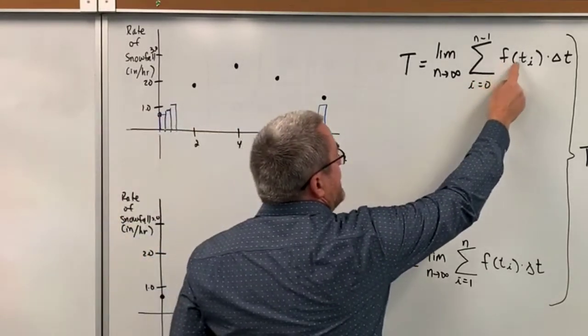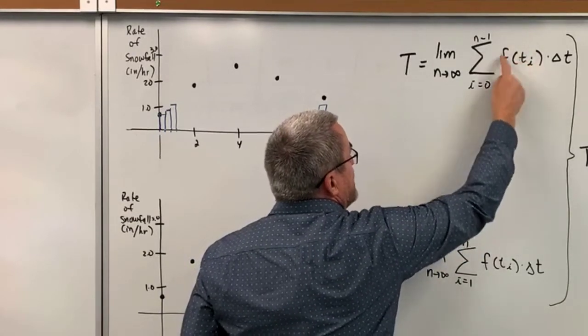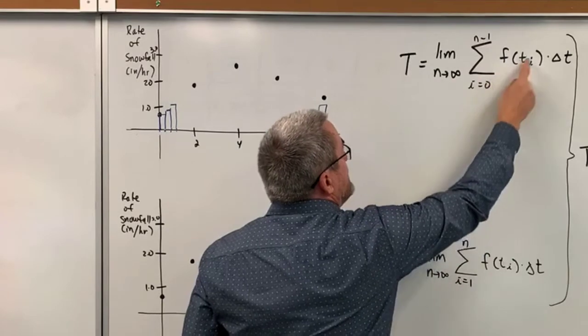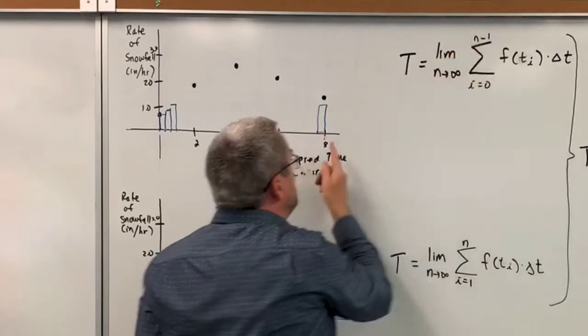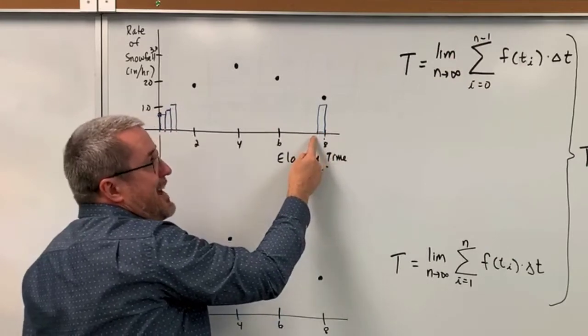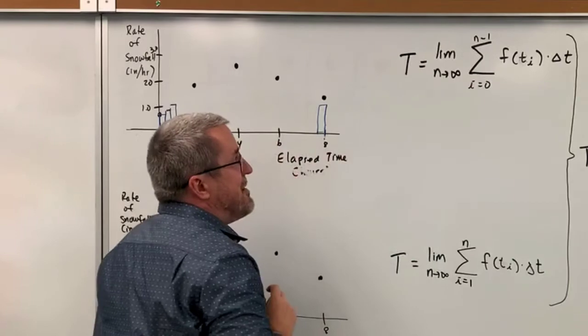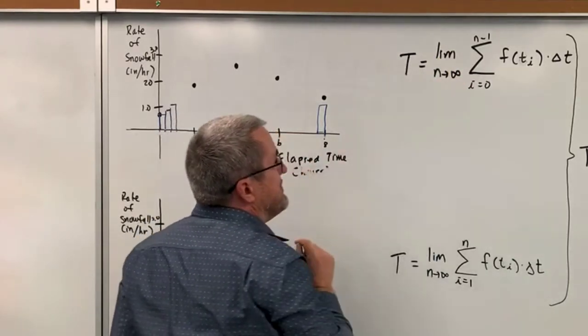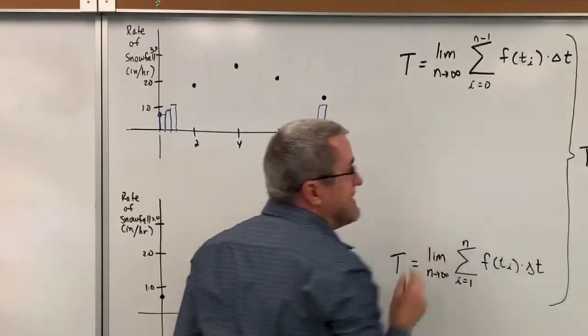So we're going to have f of t sub 0, so when i is 0, we get that first rate. F of t sub 1, 2, 3, 4, 5, and we're just going to keep marching on until we get to 1 less than that 8-hour mark. Now, infinitely many, so we'll take the limit as n goes to infinity. We'll sum up those rates times the delta t.